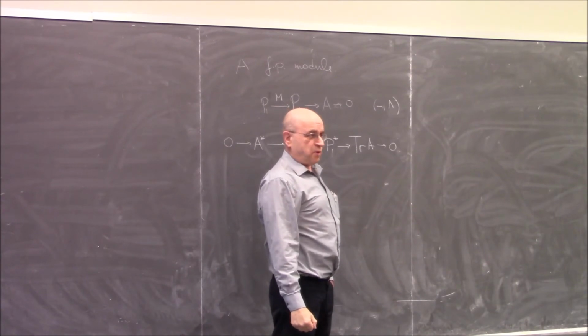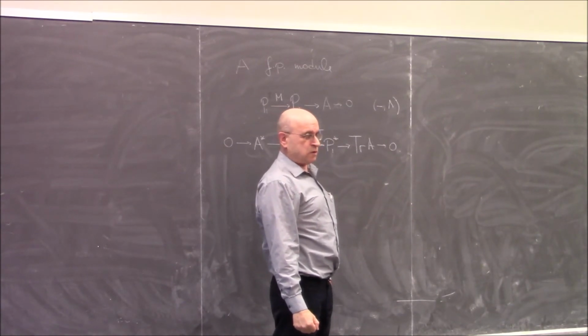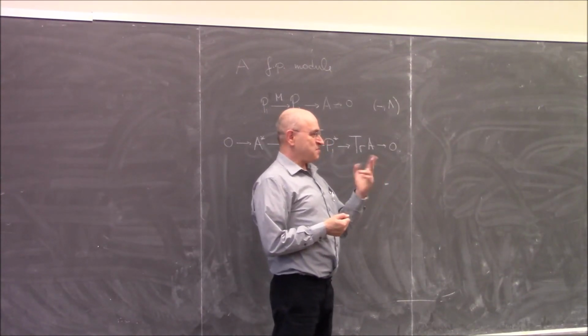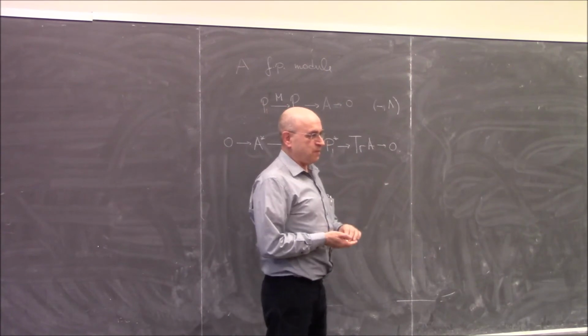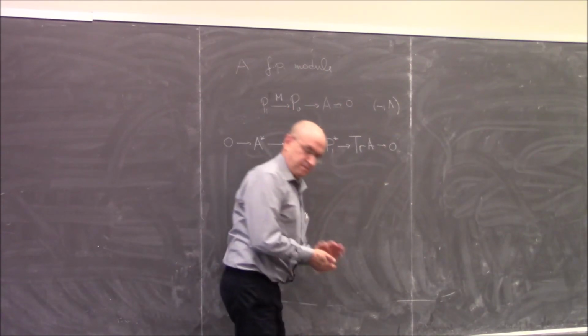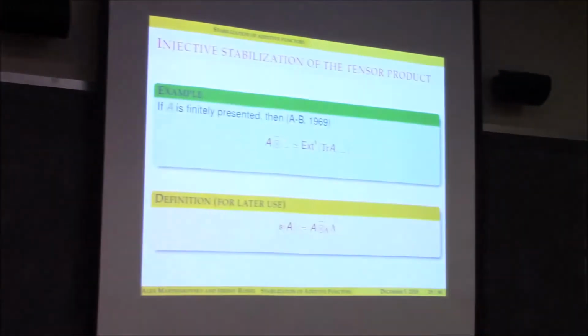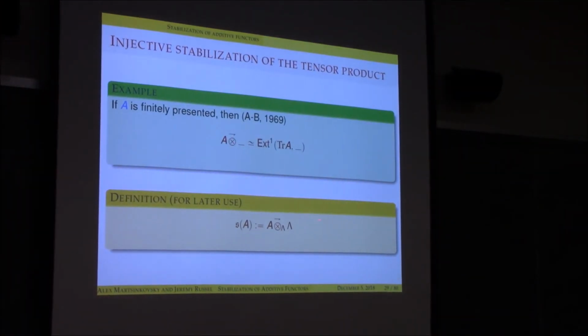It's extremely important in Auslander-Reiten theory. You can call it the mother of all dualities. When you apply the transposition twice, you get back to the matrix. All right? So here's an interesting character. Let's evaluate this injective stabilization on the ring itself.